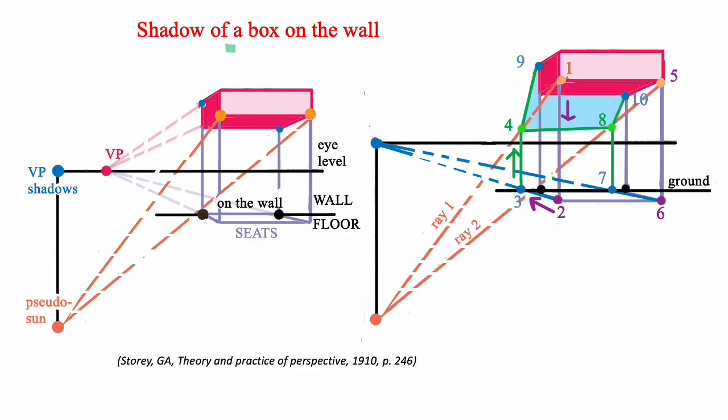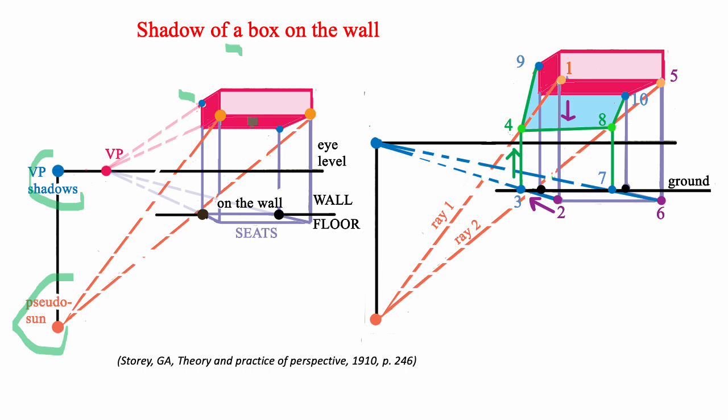The shadow of this box on the wall is front lit. In other words, the pseudo-sun is down here, and the vanishing point for the shadows is here on eye level. And here's the box, which is above eye level, so we see its bottom. And it's on the wall, and we want to find its shadow.